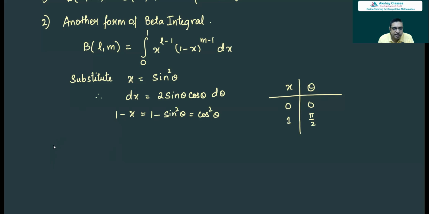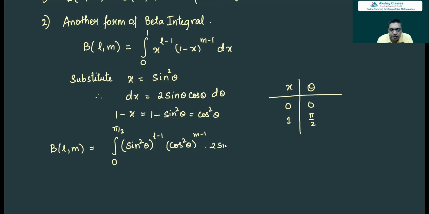So this beta integral, beta L comma M, is converted to the integral from 0 to pi by 2 of sine square theta to the power L minus 1, and cos square theta to the power M minus 1, times dx, which becomes 2 sine theta cos theta d theta. So what do we get?